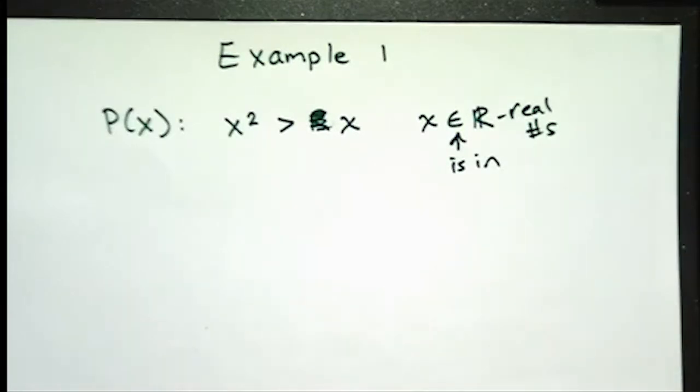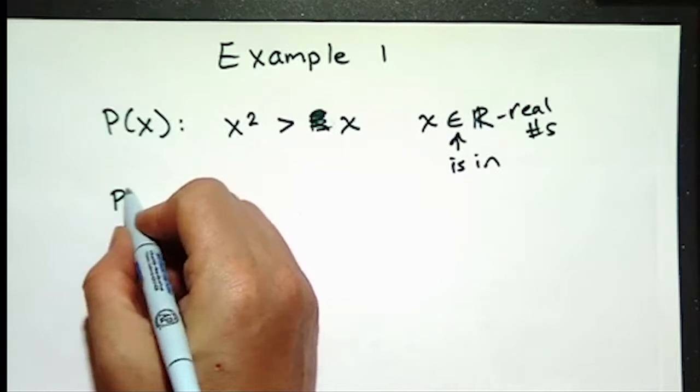Real numbers are regular numbers, basically not imaginary ones. So any decimal number you can think of, that's what that is. Okay, so we want to know, is x squared greater than x true for all real numbers, or is it true for any particular one?